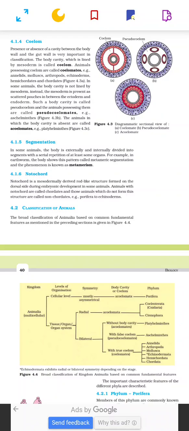If they do not have a body cavity, then they are considered acoelomate, for example, Platyhelminthes. If they have a false coelom, that is they are pseudocoelomate, that includes Aschelminthes, or with the true coelom they are included under coelomate, that is Annelida, Arthropoda, Mollusca, Echinodermata, Hemichordata and Chordata. So most of the organisms of the animal kingdom are true coelomate.